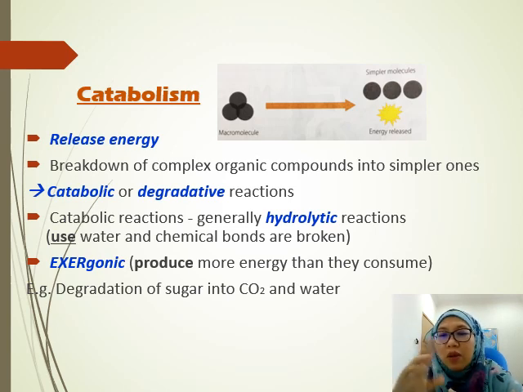In glycolysis, cells need 2 ATP, and then during the breakdown of glucose into pyruvate, the cells produce 4 ATP. So they produce more ATP than they use. Initially they use 2 ATP.